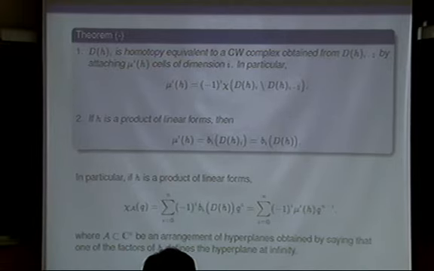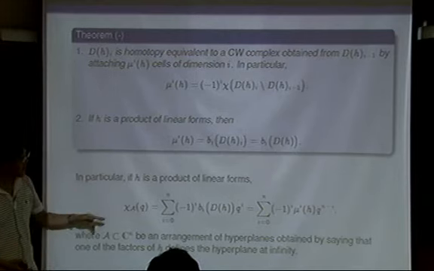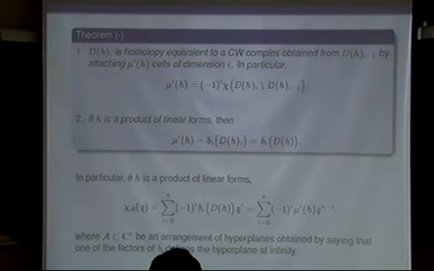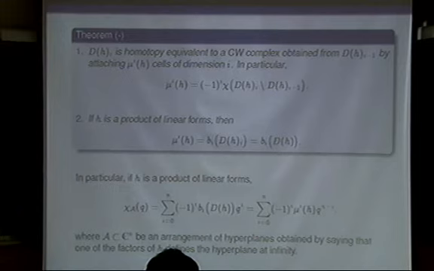The second assertion seems much stronger than the first, but it's in fact a very easy consequence of the first one, because we already know that these Betti numbers come from the characteristic polynomial associated to hyperplane arrangements, and this characteristic polynomial behaves very well with respect to a generic section.